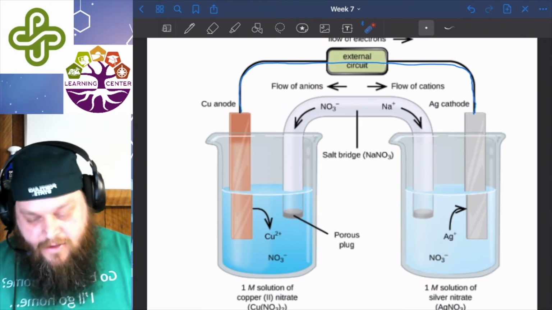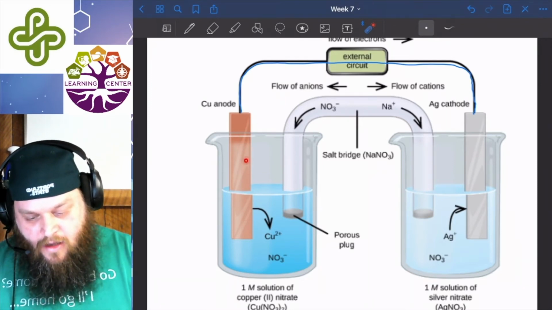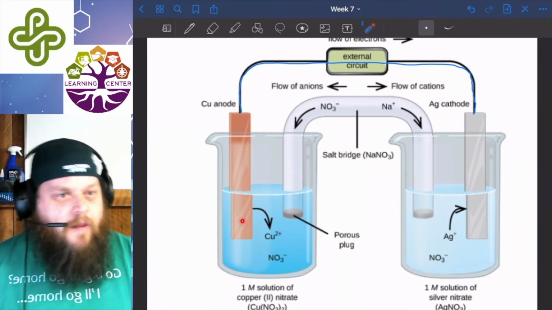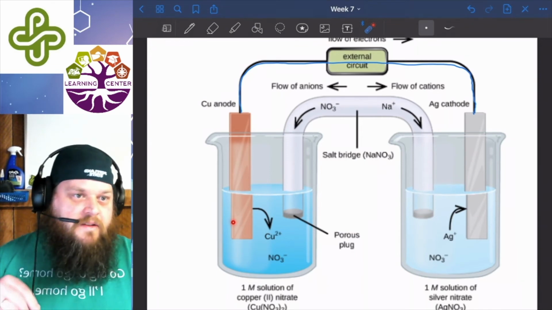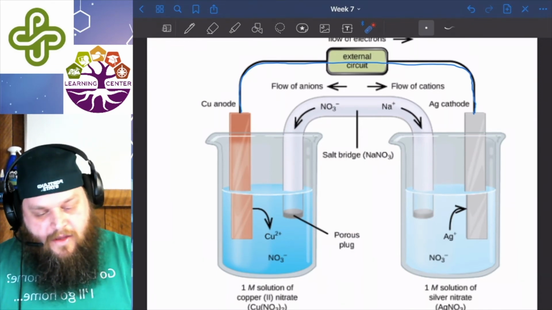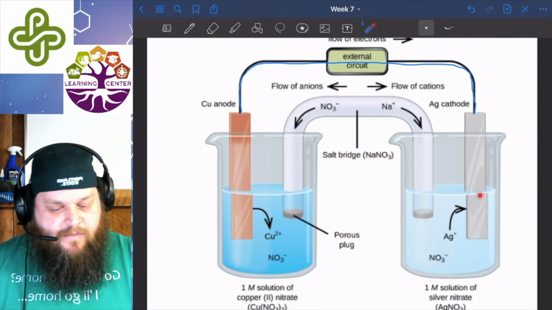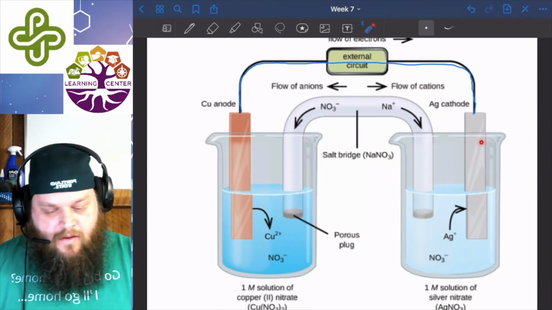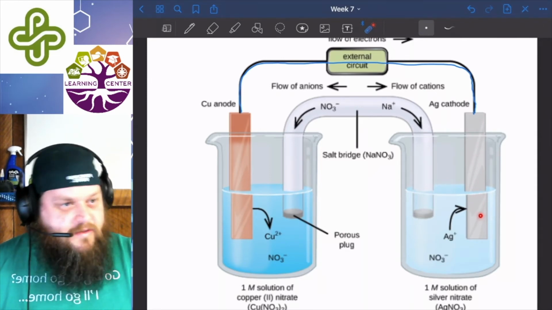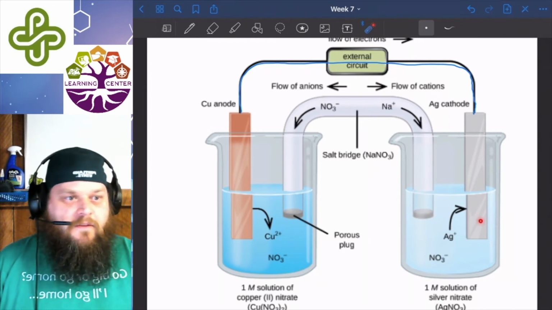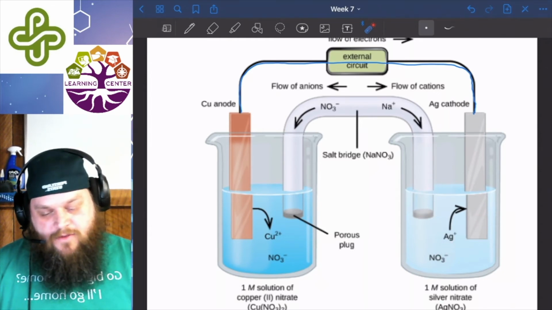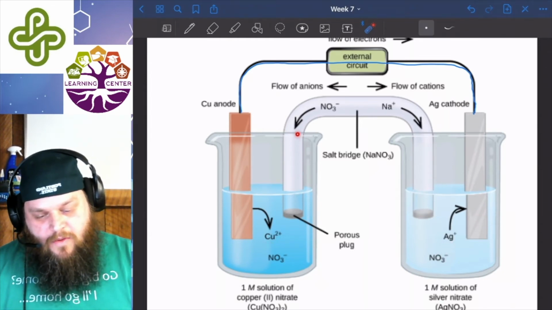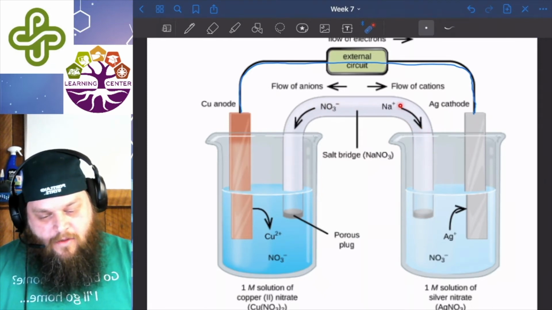The copper nitrate solution has in it a copper anode, this copper solid metal sticking down into the solution. The solution on the right side has a silver cathode, this silver bar solid sticking down into there. And in between, down here, there's this salt bridge.